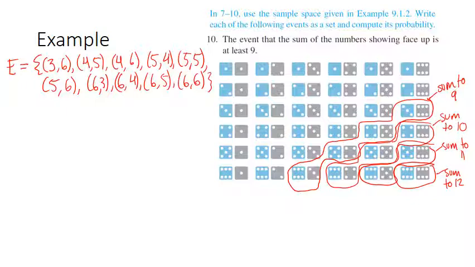Okay, so I think that's 10 different outcomes that match this event. So the probability here is going to be 10 over 36, and if you want to reduce that, you can. It's not necessary again, but you could reduce it like that.